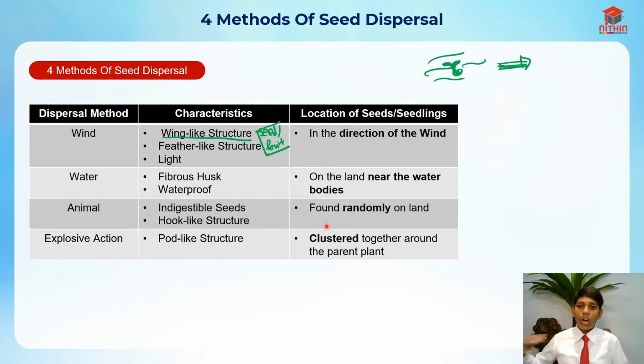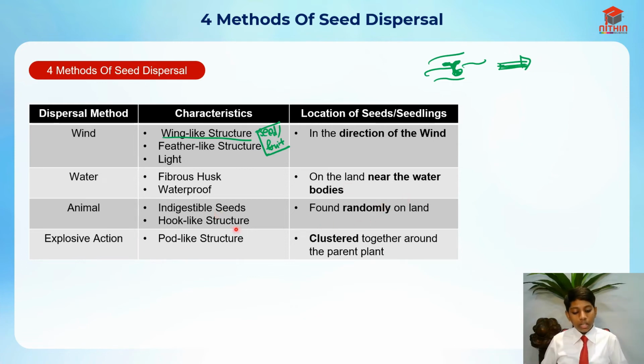So it will go far away and hide somewhere, and then it will eat it, and it can't actually do anything about that large mango seed, right? So it will just throw it away or spit it out, and that creates seed dispersal as well. And that's why it's also again found randomly on land.